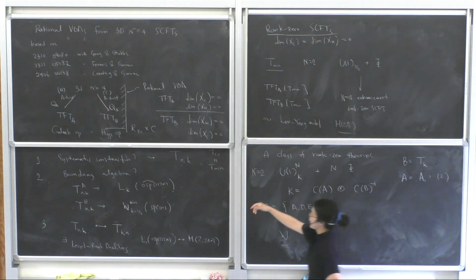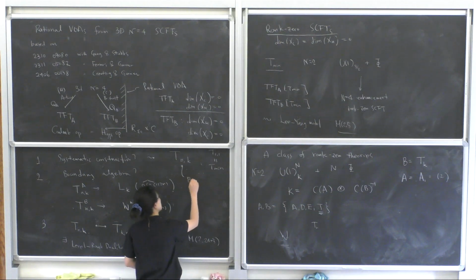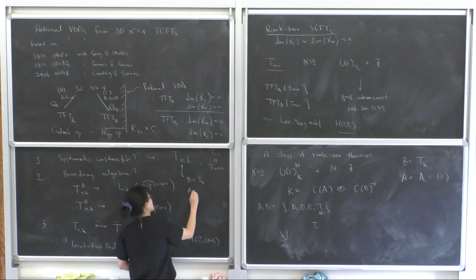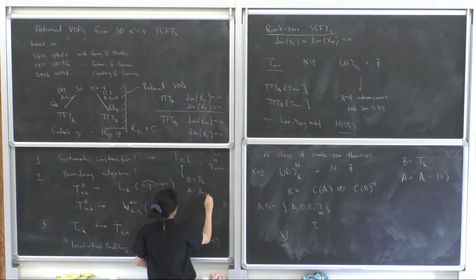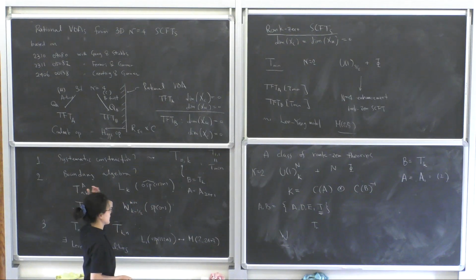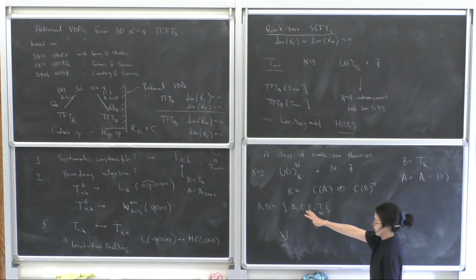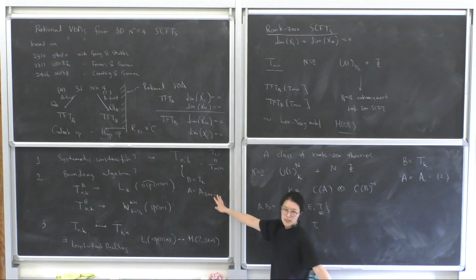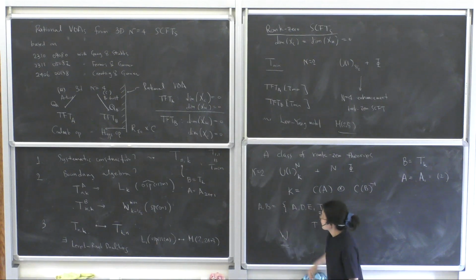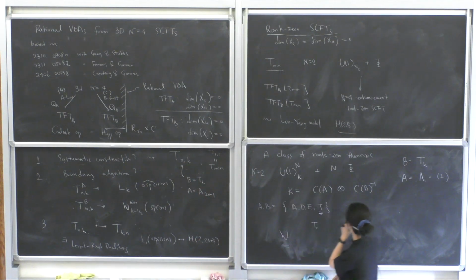The T_{N,K} is defined where B is T_K and A is A_{N+1}, so it's a bit different from the class that I'm describing. It's a generalization of the class that I'm going to describe. For simplicity, I will just focus on this today.